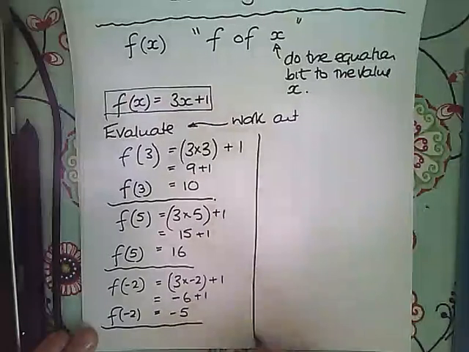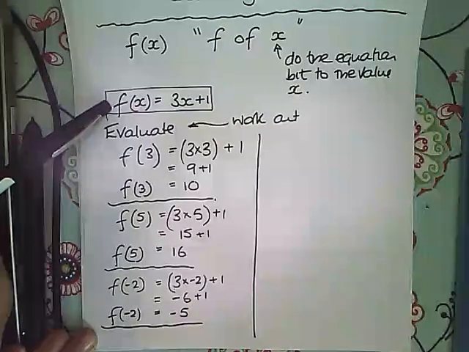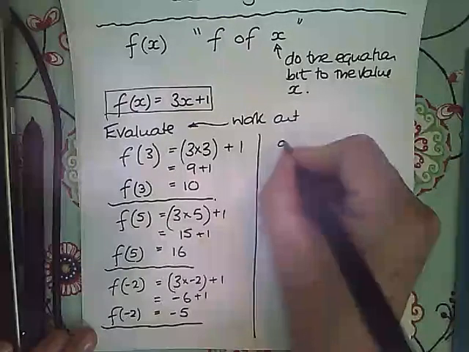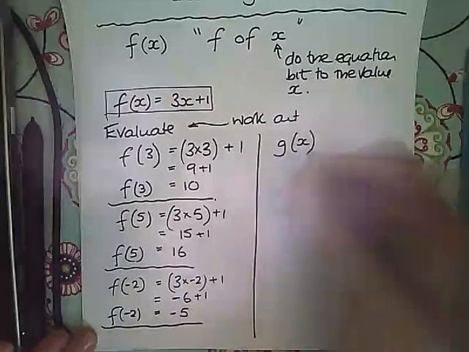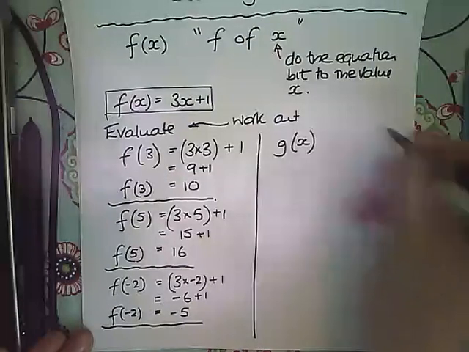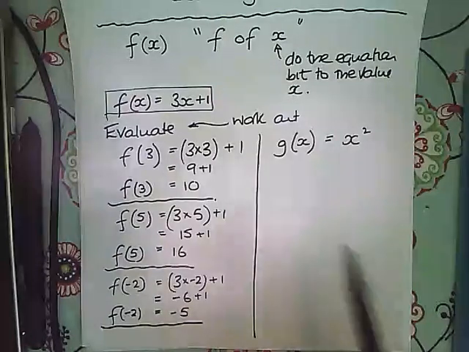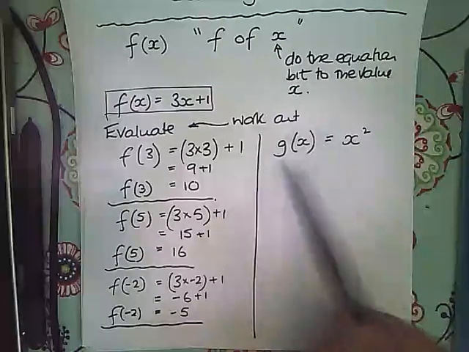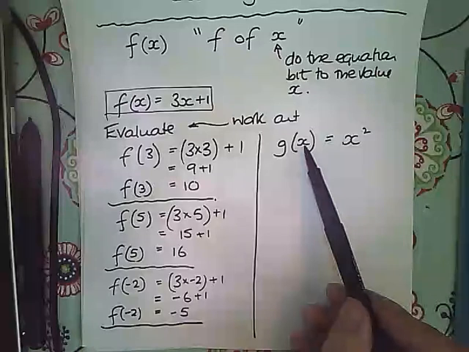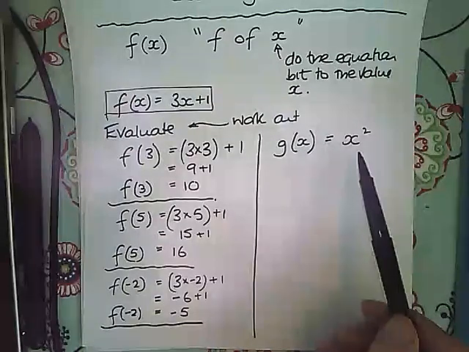You don't always have to have the letter f to denote a function. You could have the letter g and g of x, and we could say that that's equal to something else. So g of x is equal to x squared, and this is telling us that for the function g, whatever is in that little bracket there, to get the answer you just need to square it.